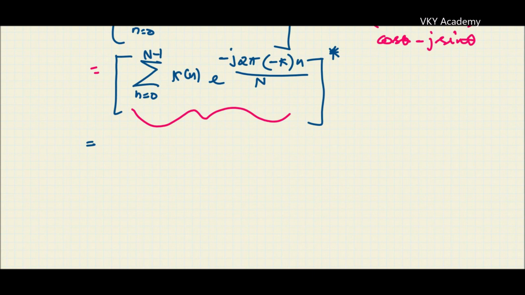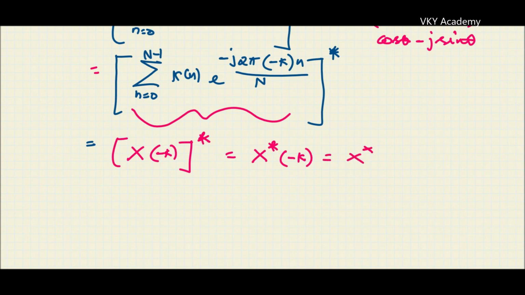So I can write capital X of minus k whole conjugate, which can be written as capital X star of minus k. And from the periodicity property, we know that X star of minus k can be written as X star of capital N minus k, where capital N is the period. So hence we can prove the conjugate property in this way. In this way we can prove the conjugate property of discrete Fourier transform.